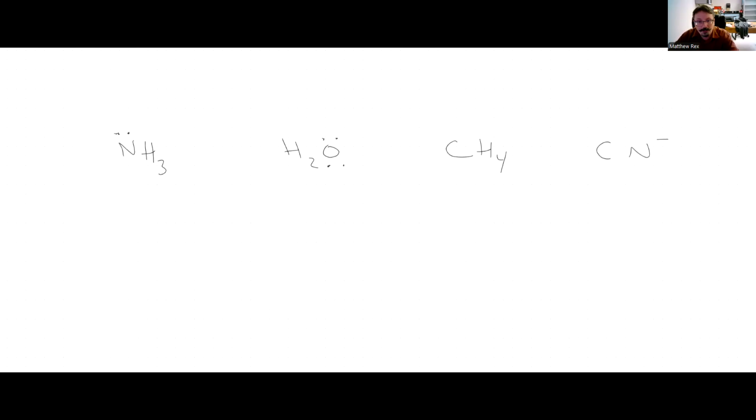Our carbon here and our hydrogens have no lone pairs on them. And our CN minus, this has actually an extra negative charge, has a lone pair on that nitrogen. That would be a good Lewis base. So the only one that would not be a good Lewis base would be our CH4 here, or answer C.